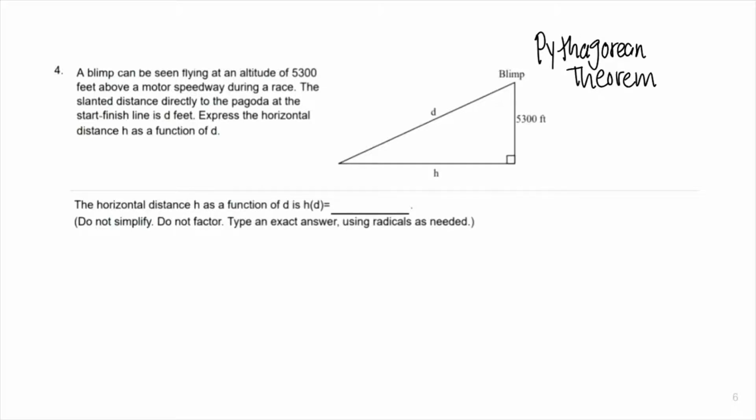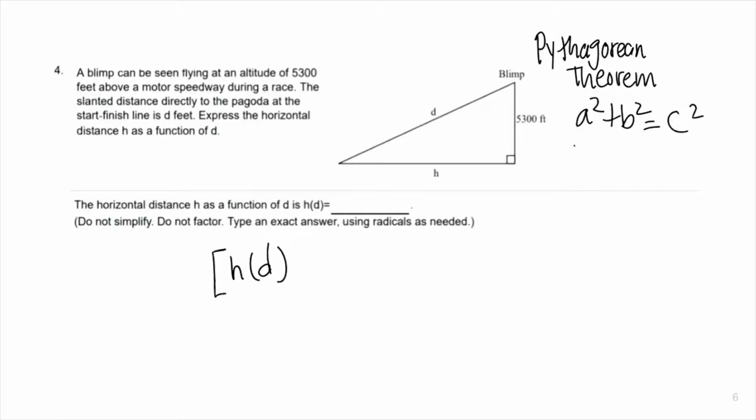So they give us this information. They want us to find the horizontal distance h as a function of d is h of d. So we're just going to use different letters for the formula.